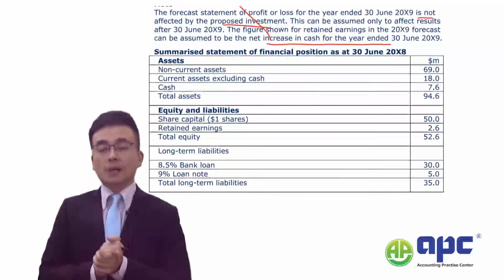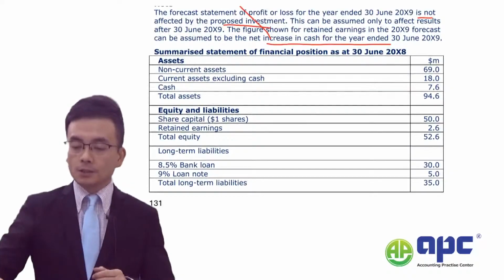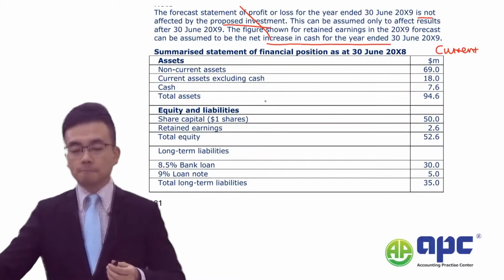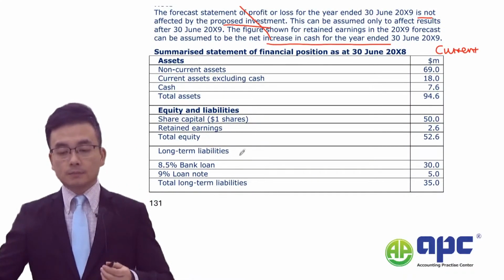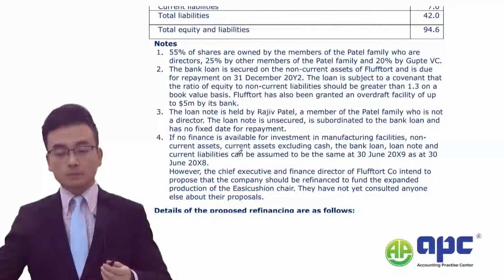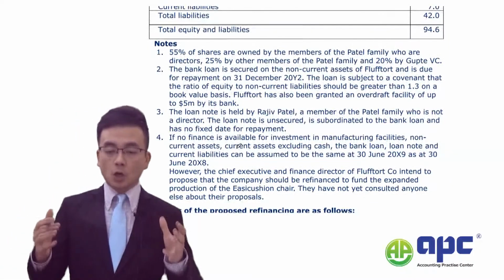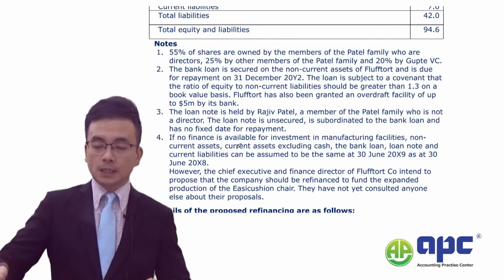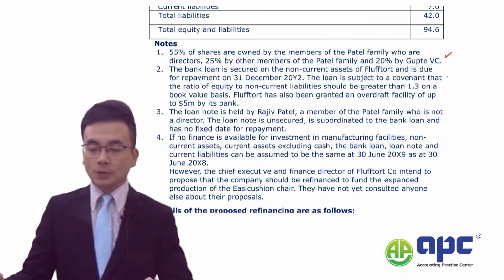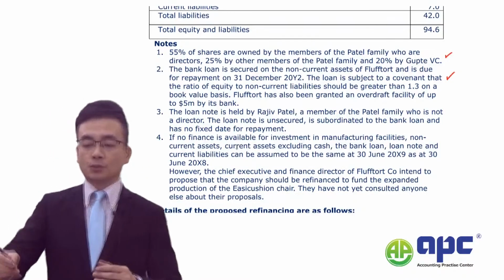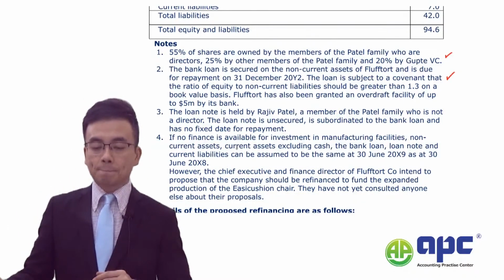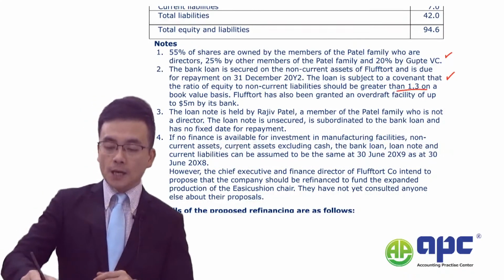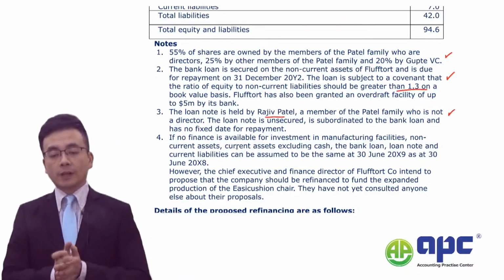And we are also told about the SFP. So it's the current SFP here. Now we've got, for example, the number of shares held by each of the stakeholders, and also the bank loan, with a covenant that should be greater than 1.3, and the loan notes are held by Reggie Patel.